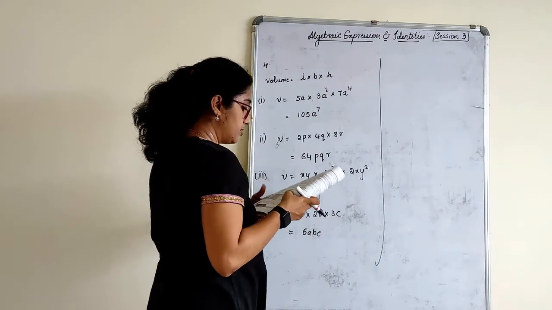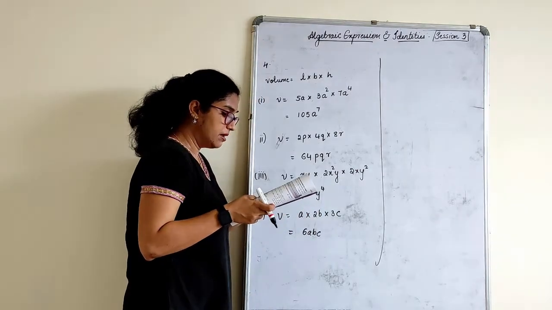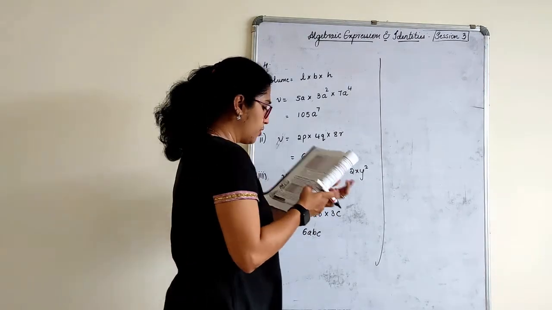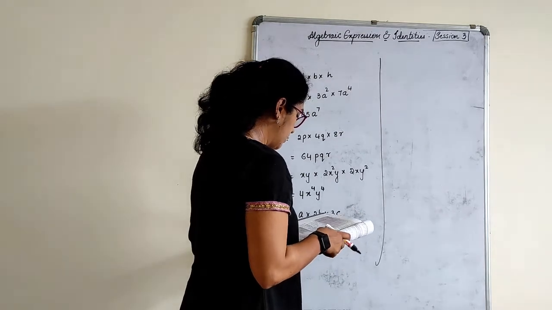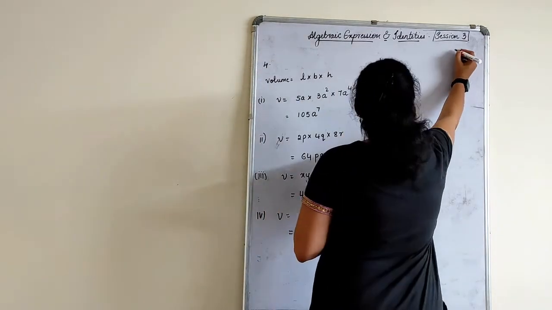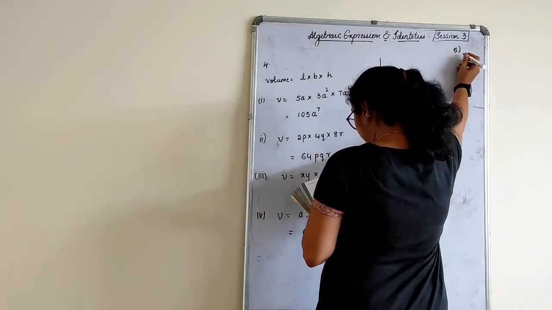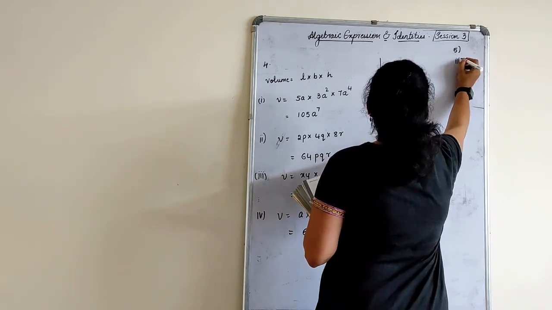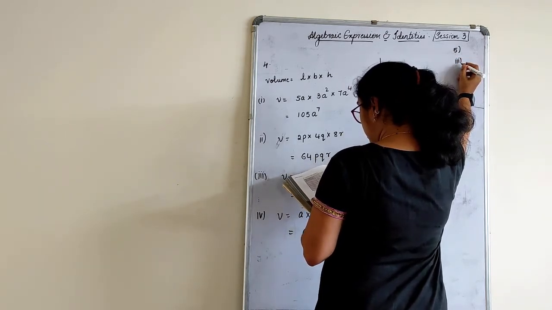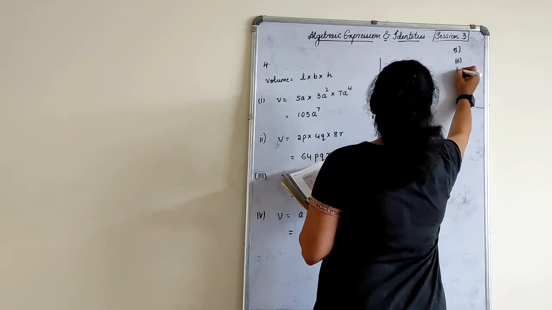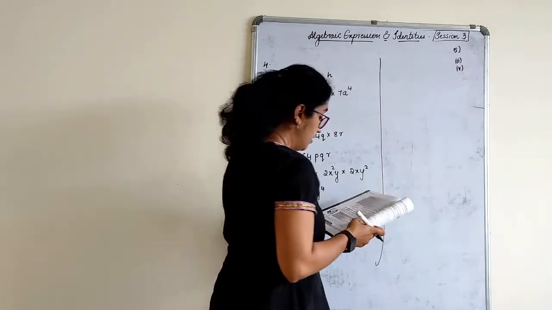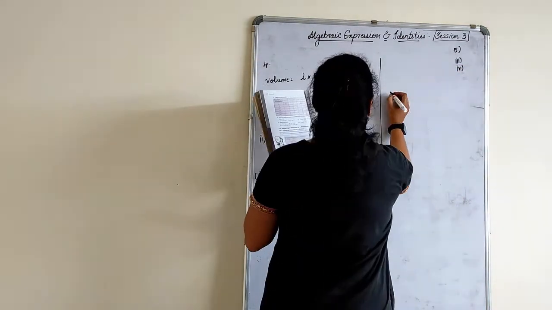Similarly, we have the last one. I will mark 2 sums for homework here, which you can do. At least it will be a practice for you. In the fifth one, I am marking 2 homework sums: the third one and the fourth one. Remaining we'll do here.